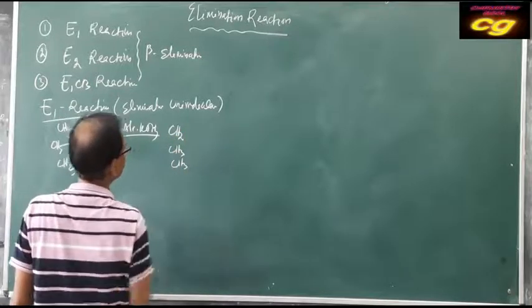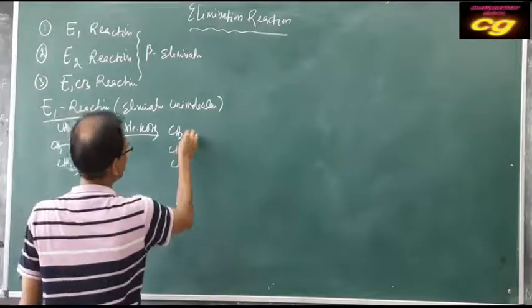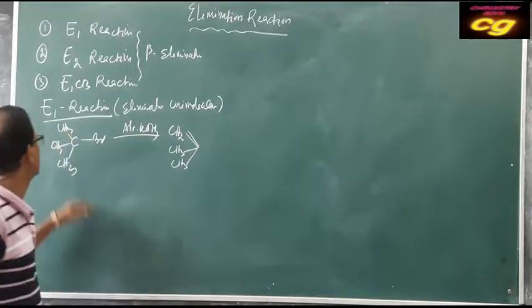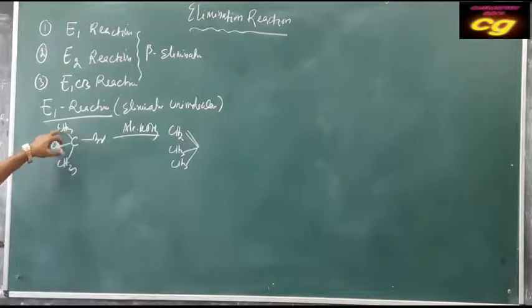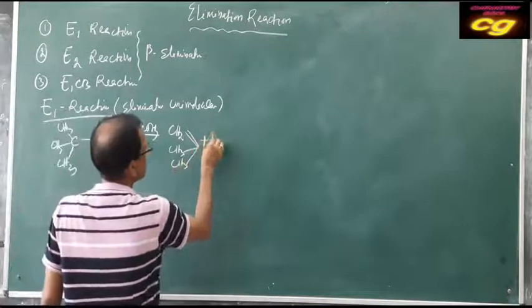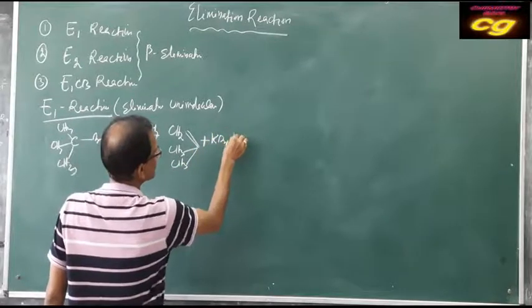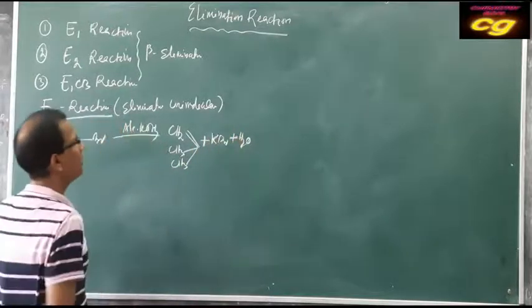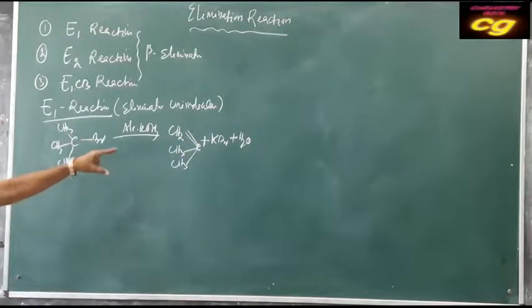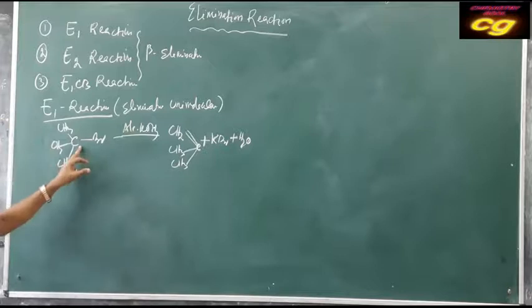If you see, a double bond is formed between two carbons, with the loss of Br and H, and the byproduct is KBr plus water. So formation of one double bond is produced due to elimination.